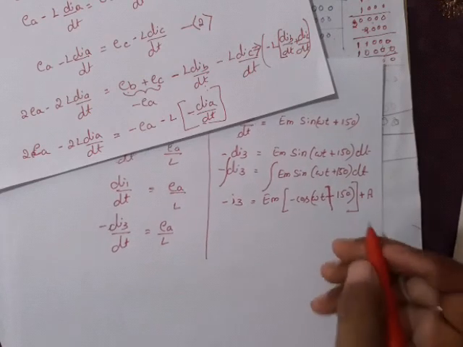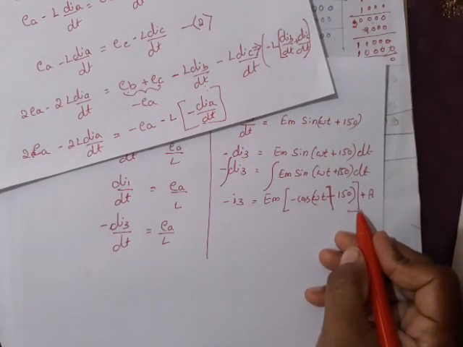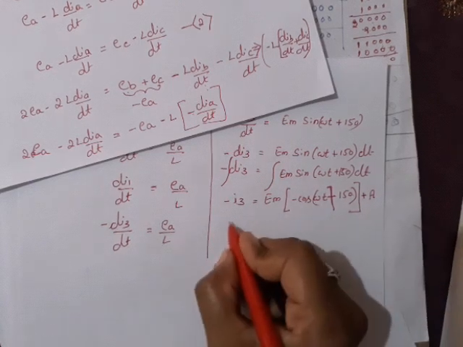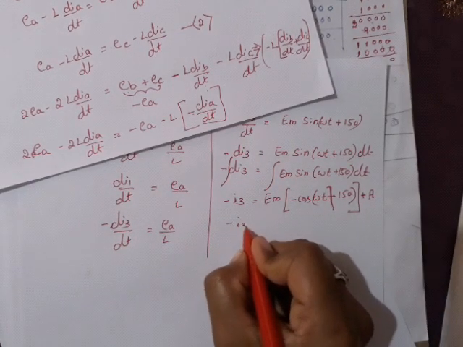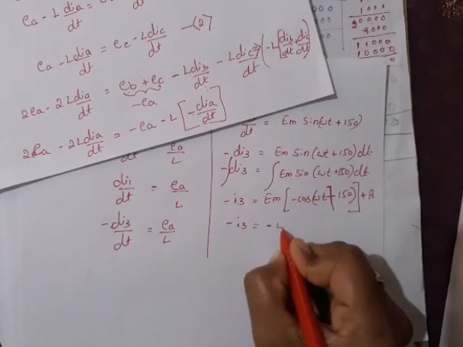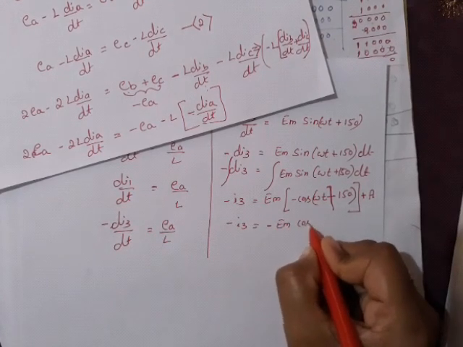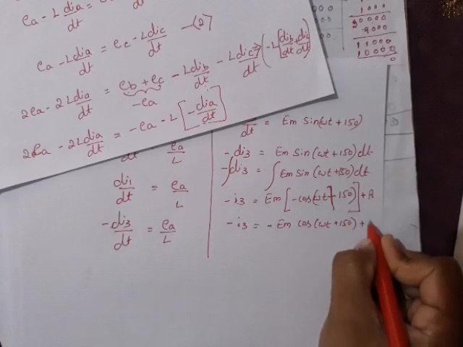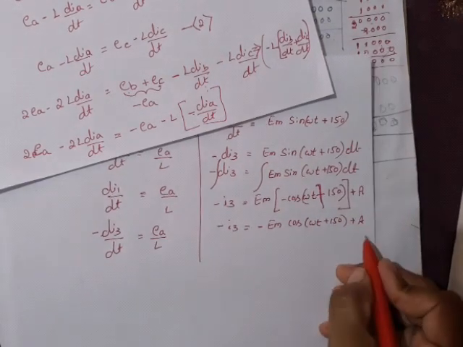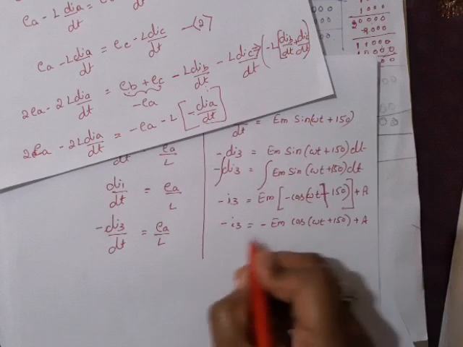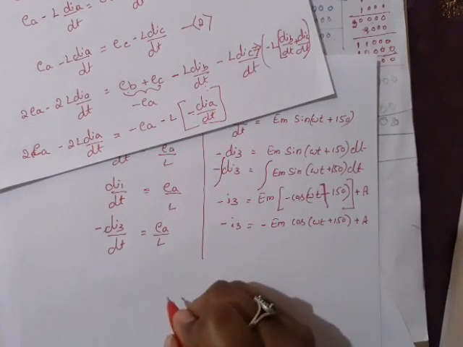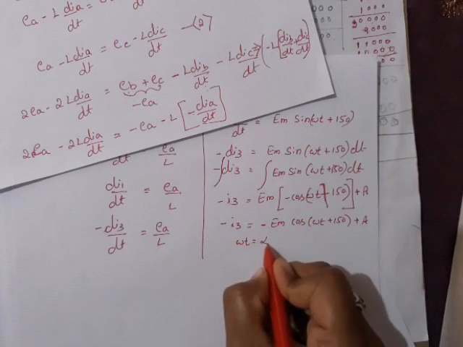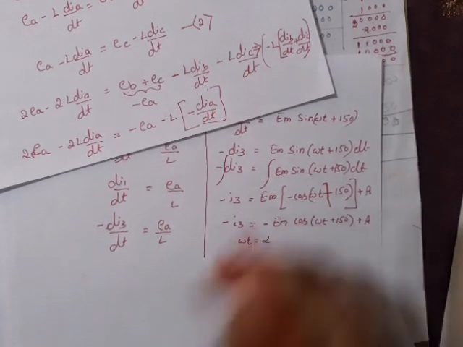Now we need to find out what this integration constant is. So this will become minus I3 is equal to minus Em cos(omega t plus 150) plus a. To find this integration constant, we have to apply the initial condition. What is the initial condition? When omega t is equal to alpha, meaning when valve number 3 comes into conduction.